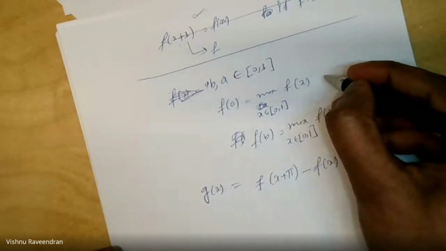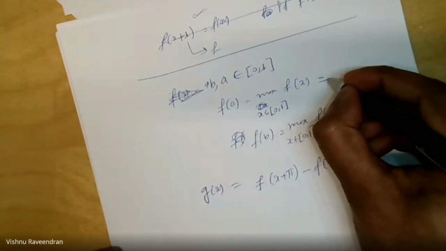Now what do we do? If we take a function g of x equal to f of x plus pi minus f of x. But here one more step we can do because it is a periodic function.